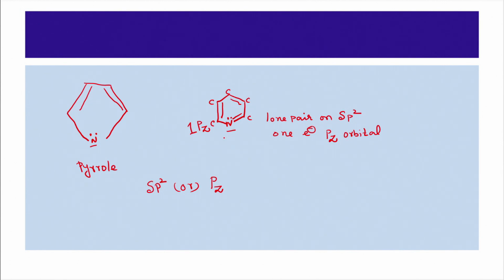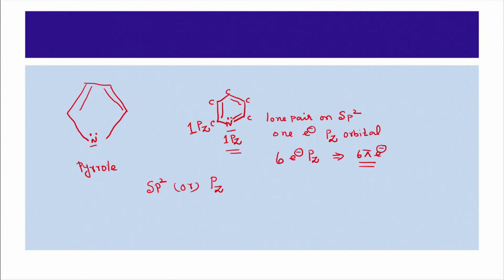Nitrogen also has 1 electron in the pz orbital. So if you put them together, there are 6 electrons in the pz orbitals, which leads to 6 pi electrons. According to Huckel's rule, this is the most stable one. So in pyridine, we put this single electron on the pz orbital for aromaticity.